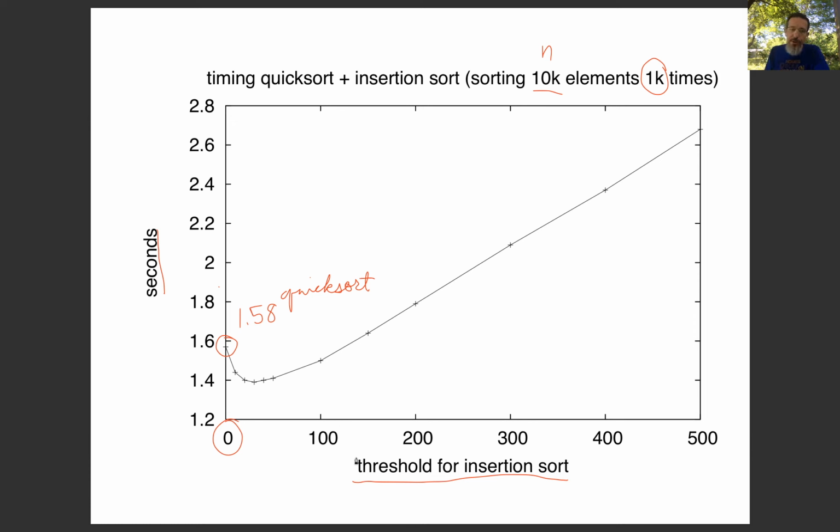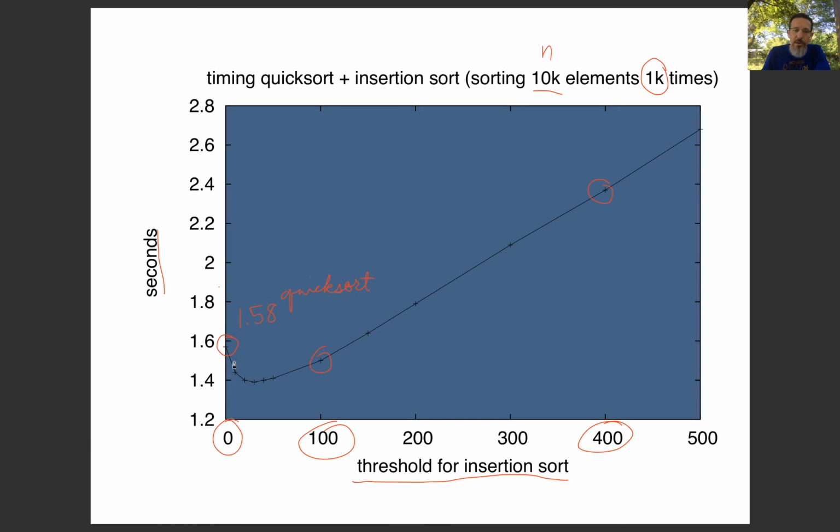In other words, never use insertion sort. Over here, if I use insertion sort for length 400 arrays or length 100 arrays, the resulting timings are given here and here. And what do you notice? Well, as you use insertion sort for larger subarrays, the running time actually decreases.